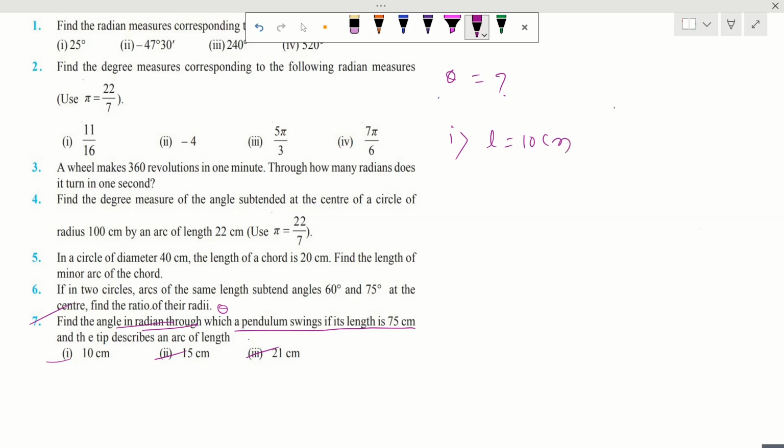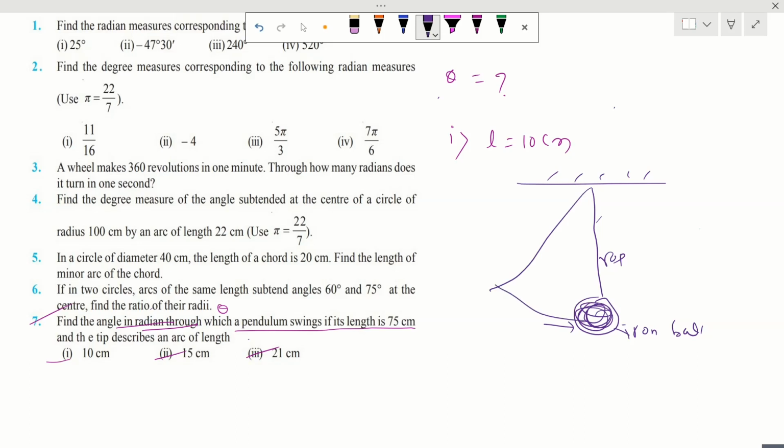Now, you know the meaning of a pendulum: it is hanging. An iron ball is hanging from a rope. This is the rope, and this will be called a pendulum. When we give a force to this iron ball, it will swing. You have this experiment in your physics.